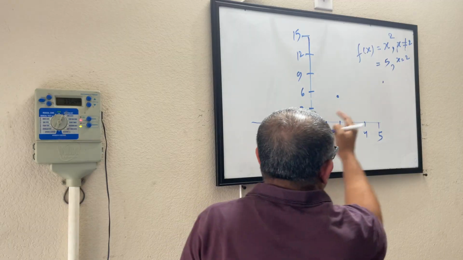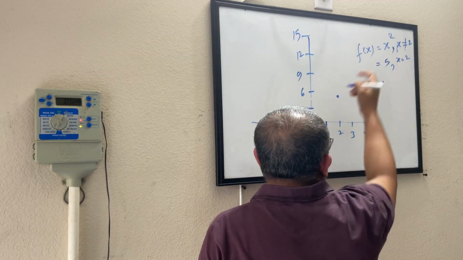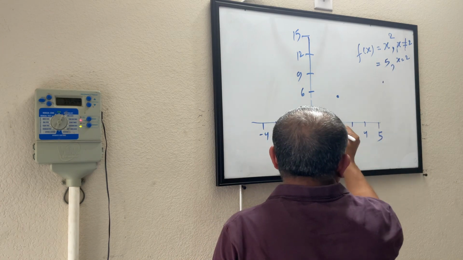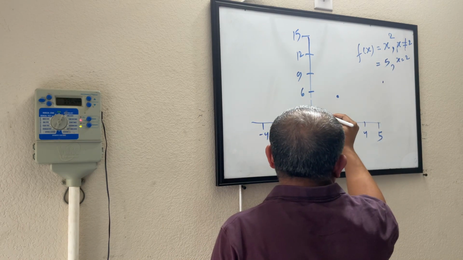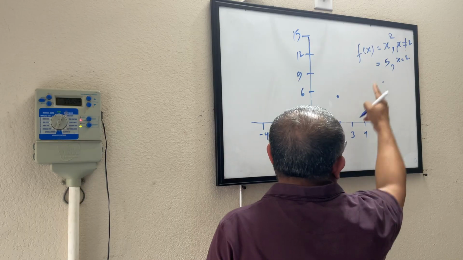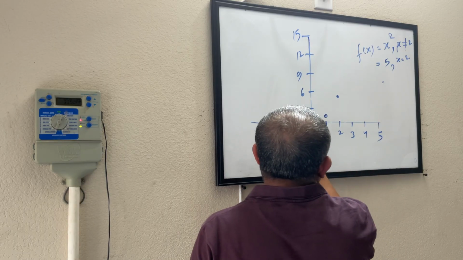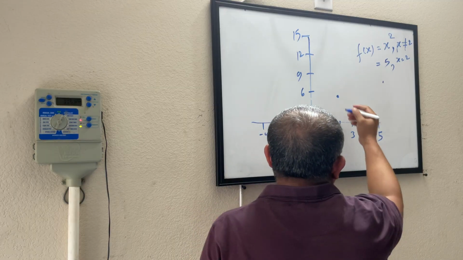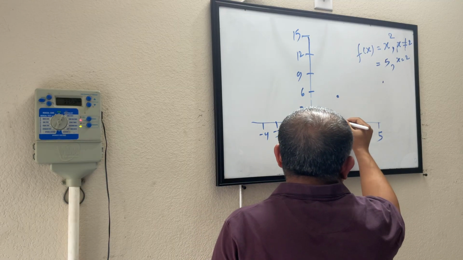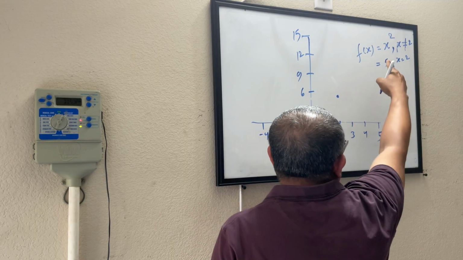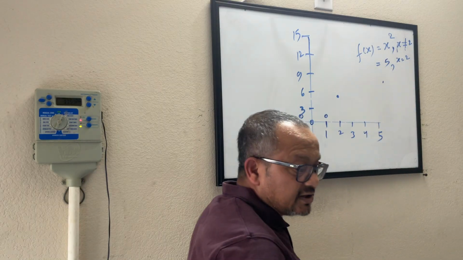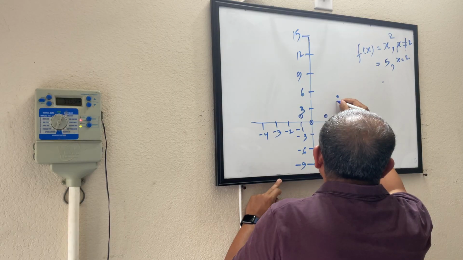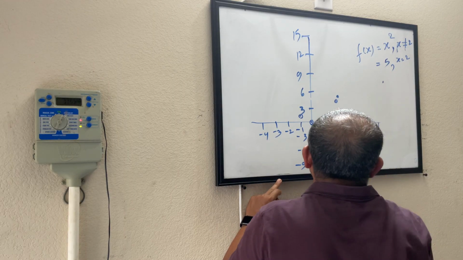When x equals 0, f(x) is 0 squared, that is 0, this is one point. When x equals 1, this is 1 squared, maybe here. When x is minus 1, again the same thing, 1. If x equal to 2 was not an outlier here, it would have been 2 squared, 4, so somewhere here.